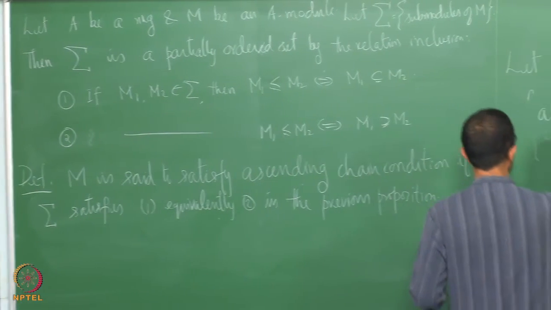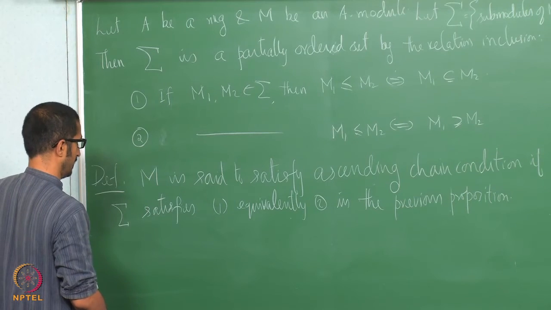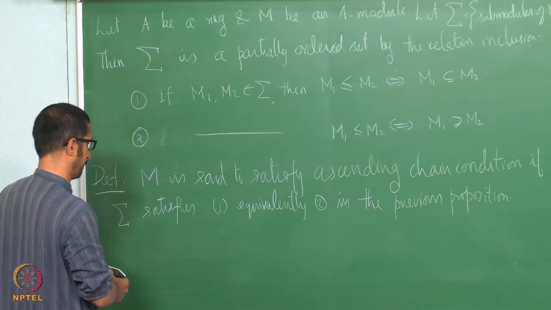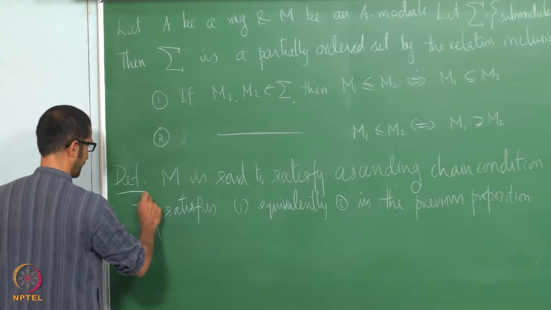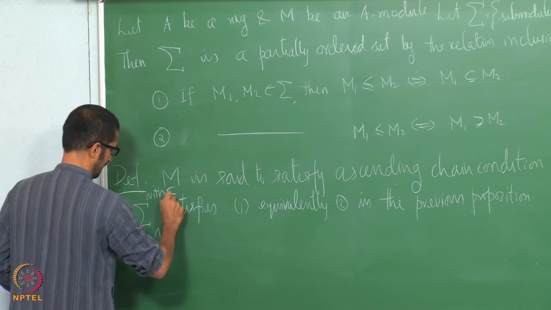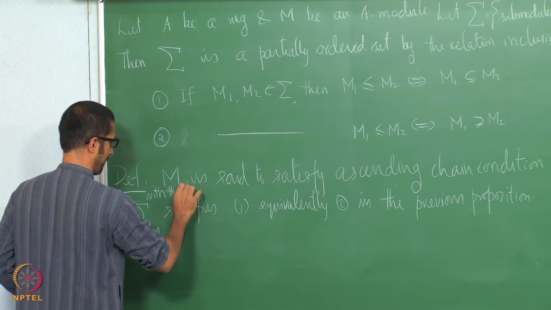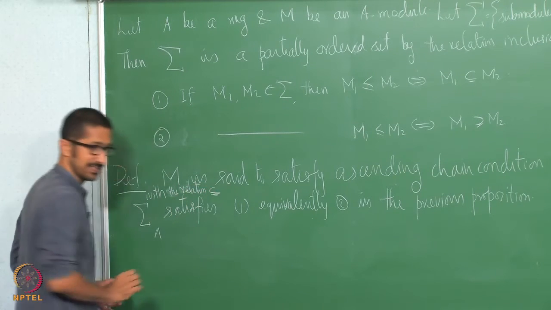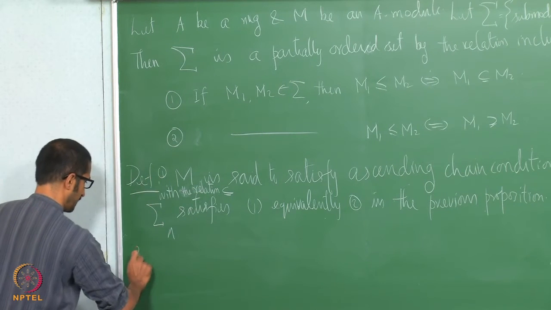So here, sigma with the relation subset. Okay, this is one.